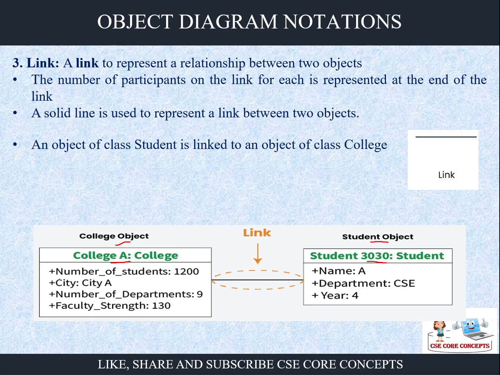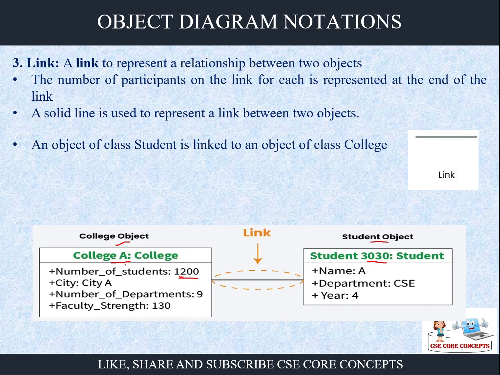You can see the attributes of the College class are number of students, city, number of departments, and faculty strength. In the class diagram, we used to represent only the attributes, and in the object diagram, we give some values so as to show what type of instance can be created.